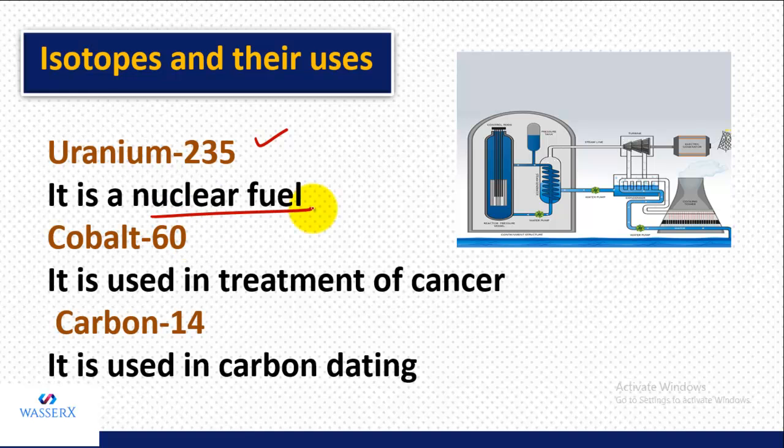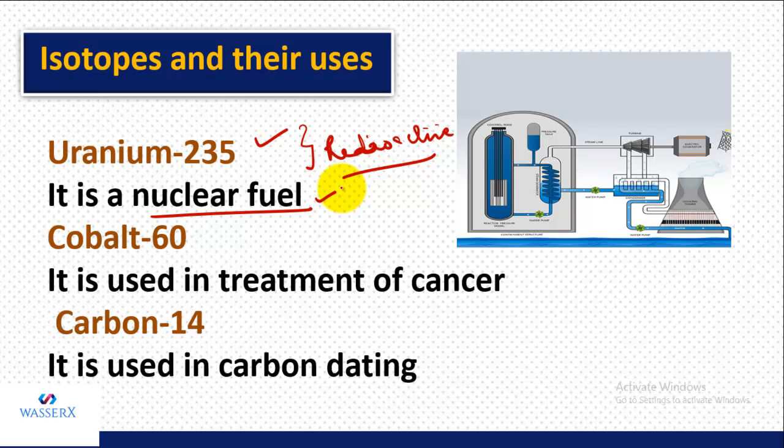Uranium-235 is a nuclear fuel, and I should specify that uranium-235 is radioactive in nature, right? You know that nuclear fuel is used for nuclear reactions, and nuclear reactions produce so much enormous energy that it can be used to carry out various processes.